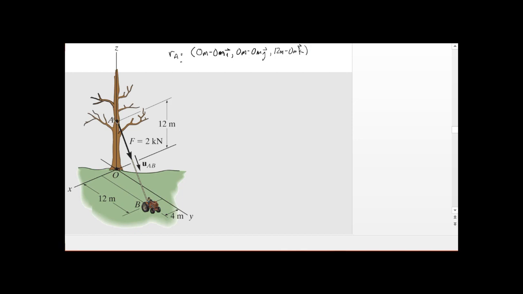No wonder it says RA instead of ROA, right, from O to A. So you can see this is 0, 0, and 12.